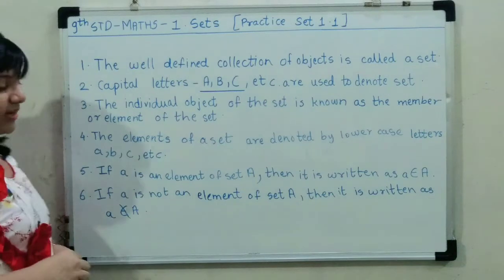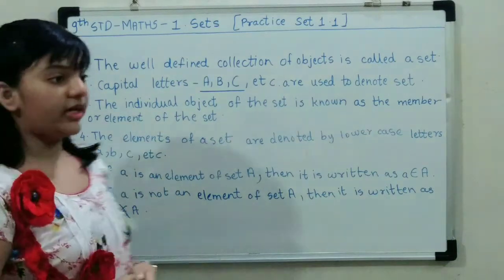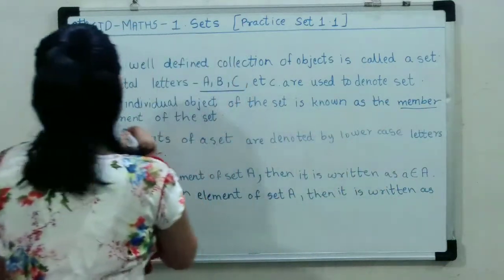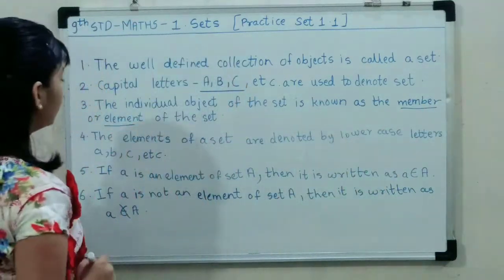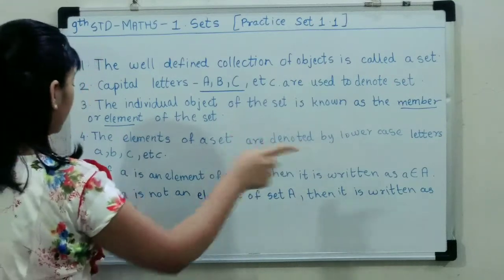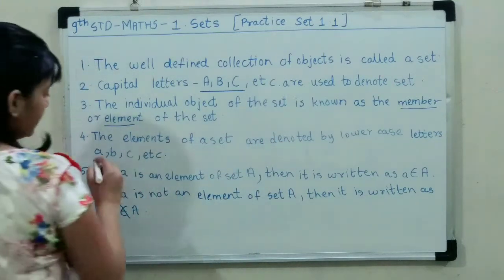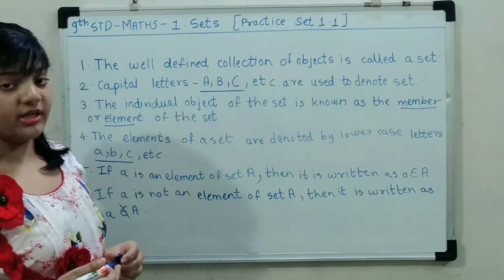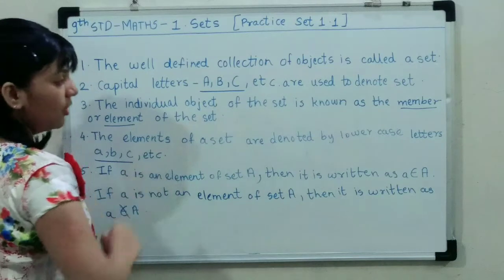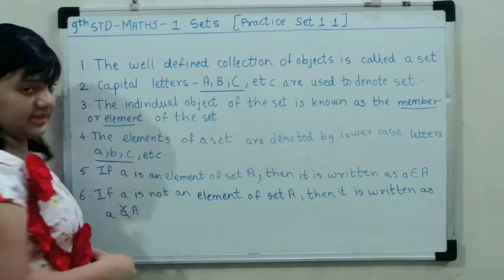Whatever is in the set, those are known as elements or members of the set. Fourth, the elements of a set are denoted by lowercase letters like a, b, c, etc.